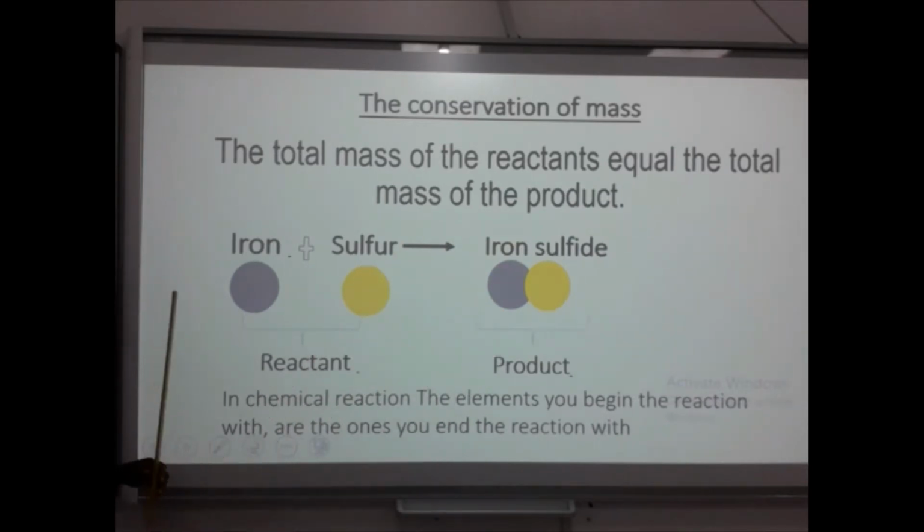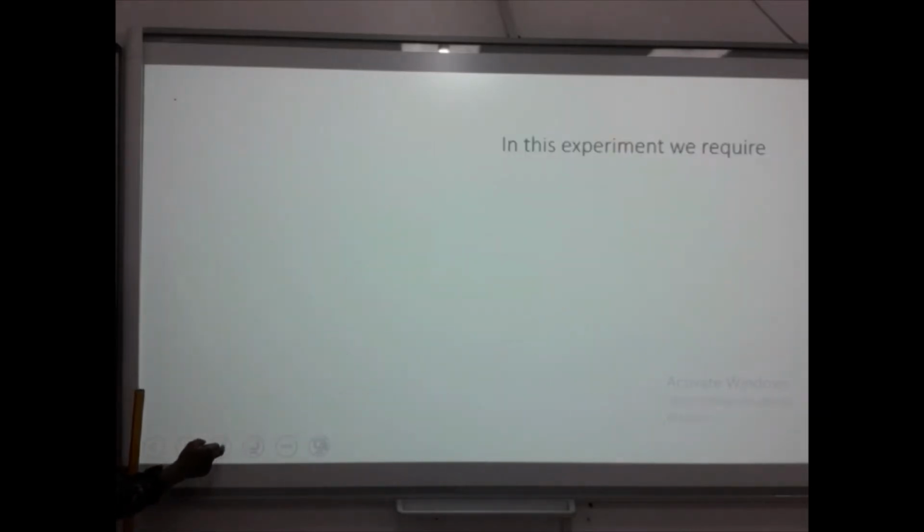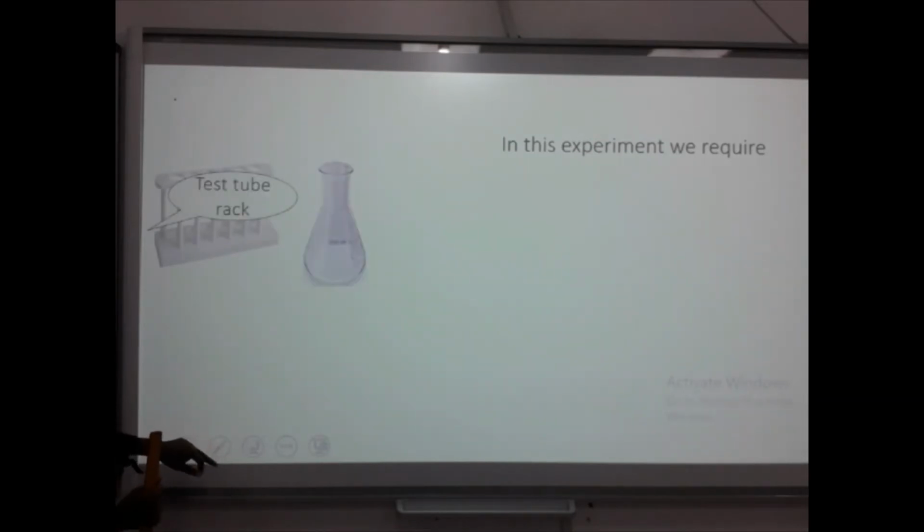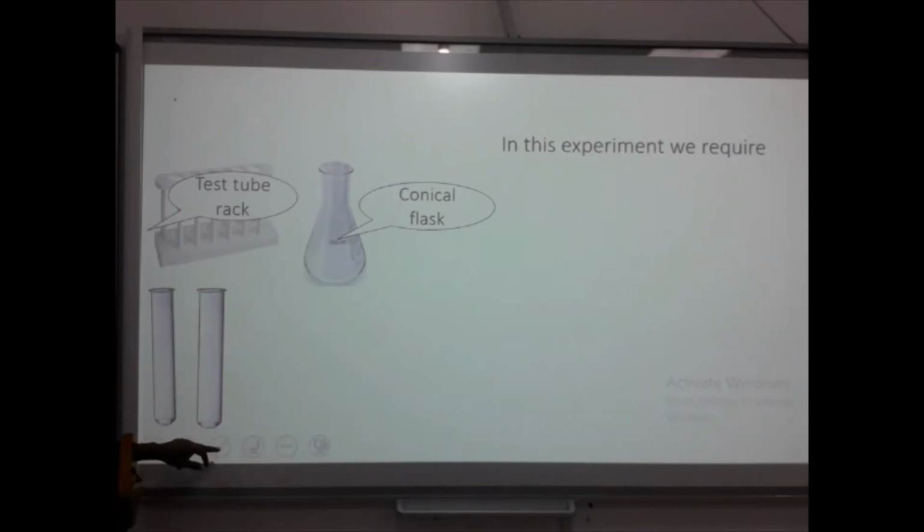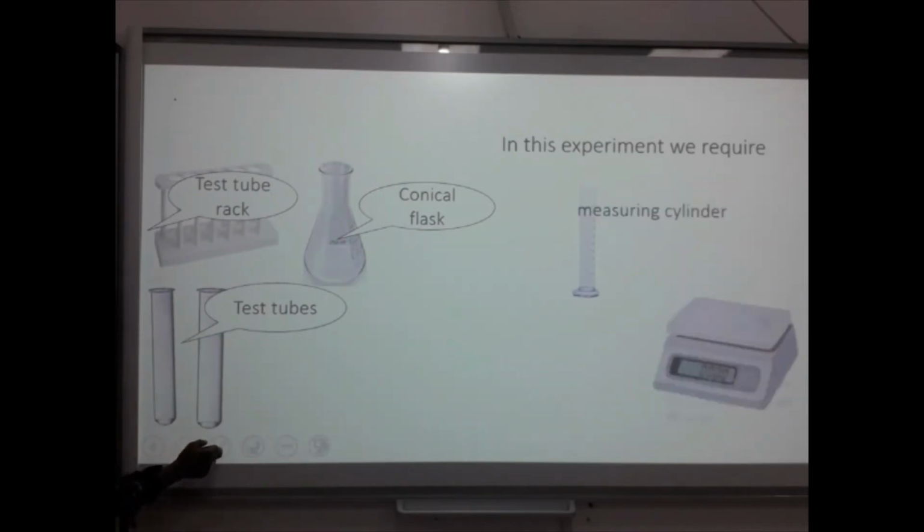So, for us to understand the conservation of mass better, we will be doing a simple experiment, and what we require are the test tube rack, the conical flask, also the test tube, then the measuring cylinder, an electronic balance.